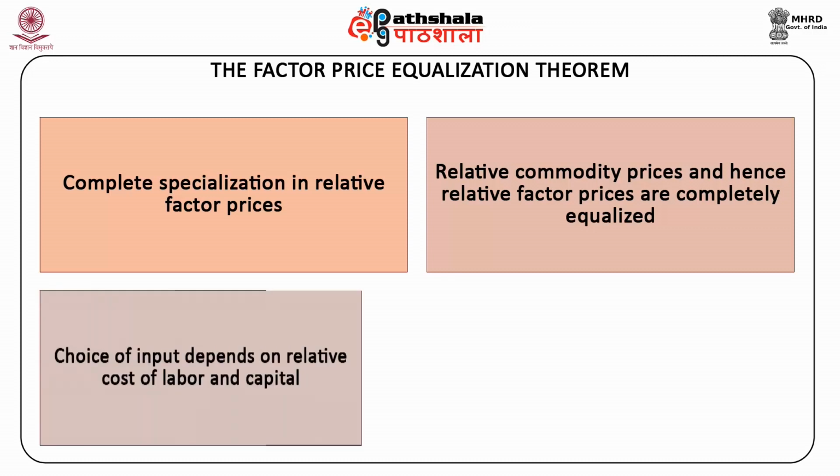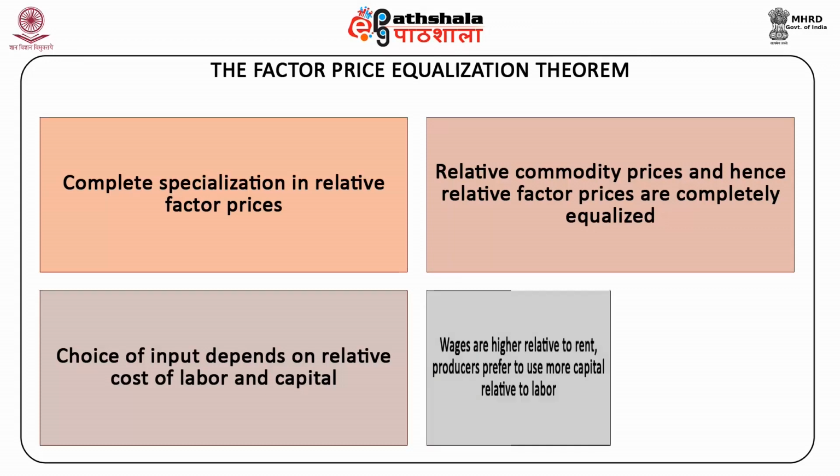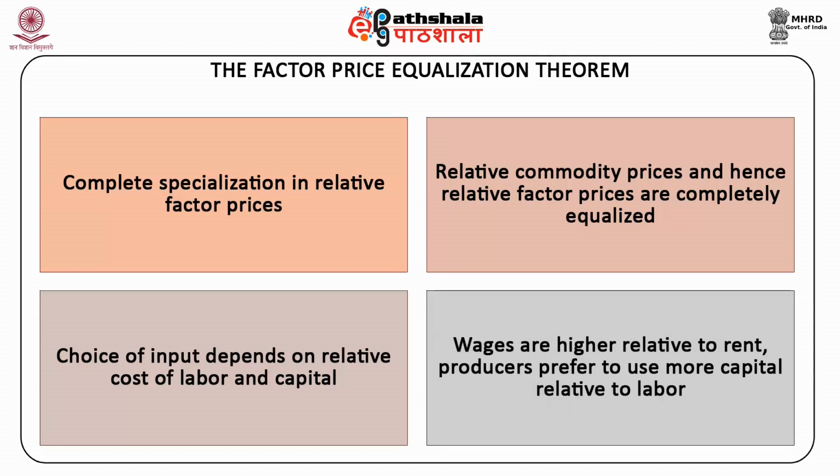The optimal choice of input that producers will actually choose depends on the relative cost of labor and capital. If wages are higher relative to rent, then producers prefer to use more capital relative to labor.